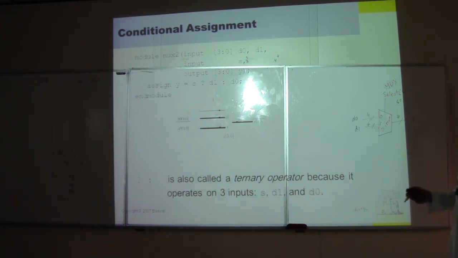Okay, it's more general. That's why we have inputs D0, D1, each 4 bits, and another input called S for select. And the output is 4 bits, Y[3:0], within square brackets.